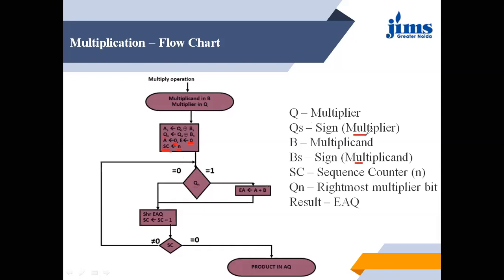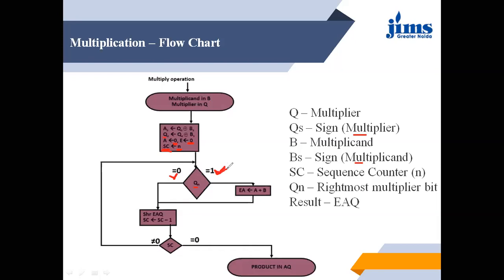If we get the same sign, meaning both are positive or both are negative, we will get a 0, and when the sign of both numbers is different, then we will get a 1.